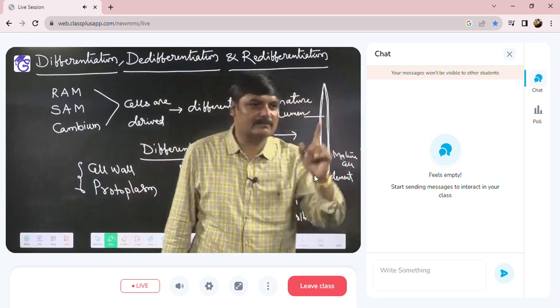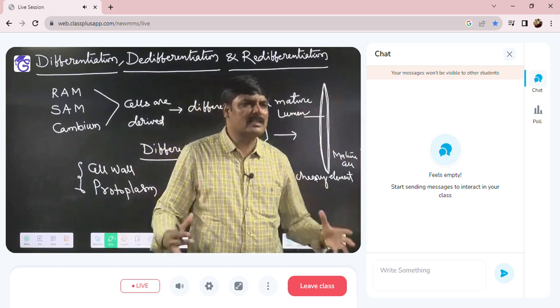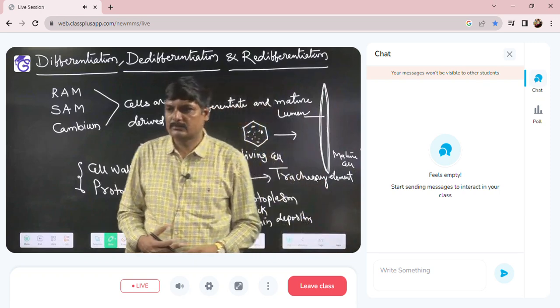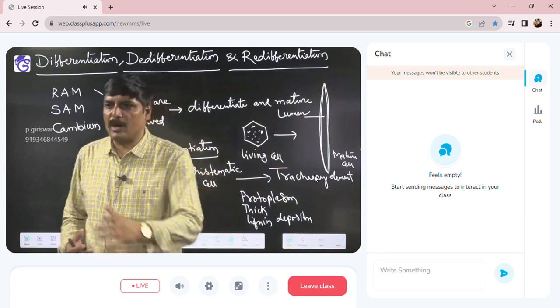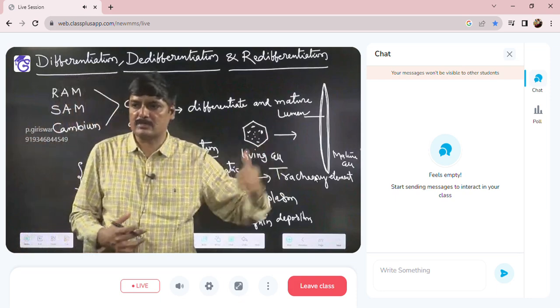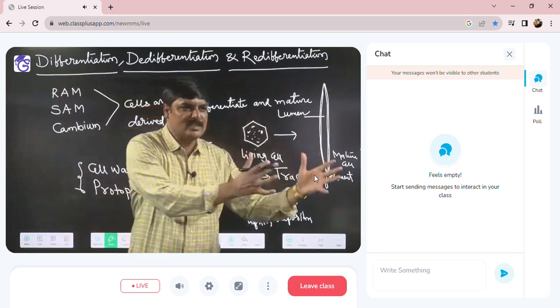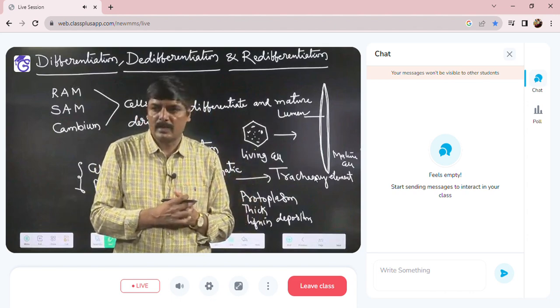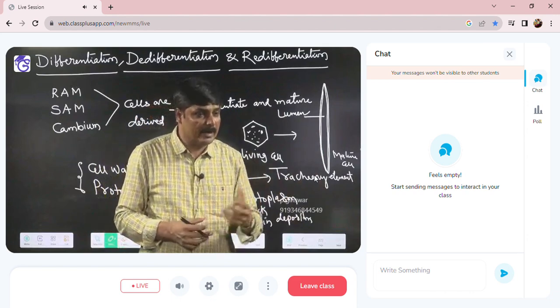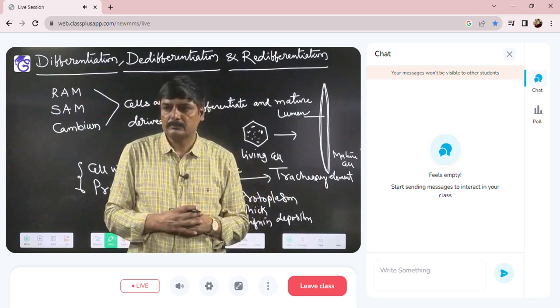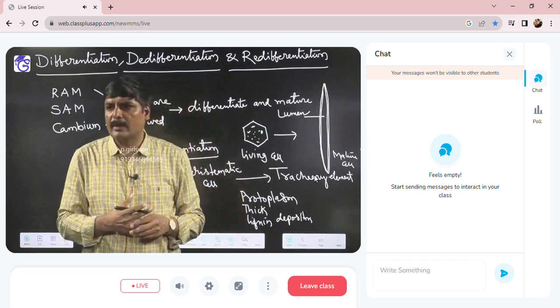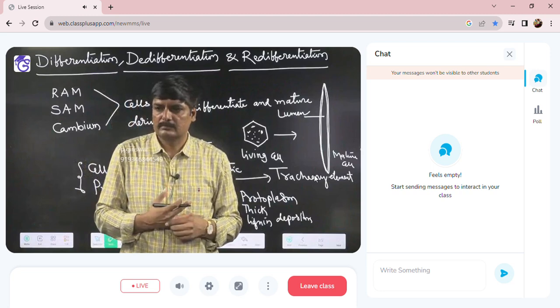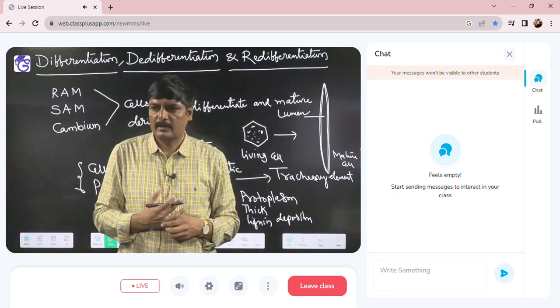Like that, many cells in the body of a plant are formed by the differentiation process. How a vessel is formed from a meristematic cell. They undergo certain changes. And epidermal cells are formed by differentiation. Cortical cells are formed by differentiation. Understand?